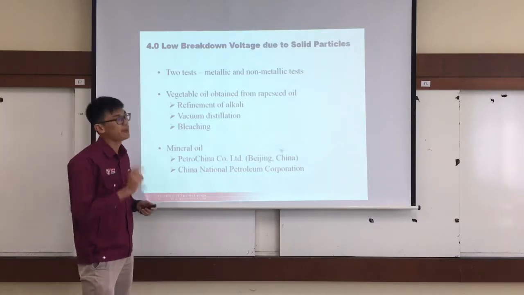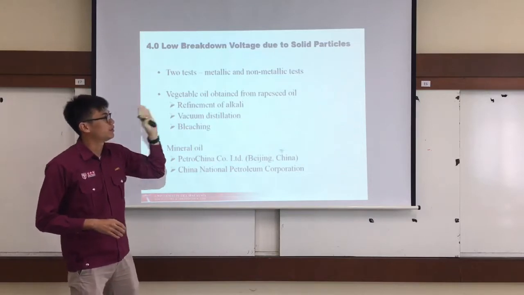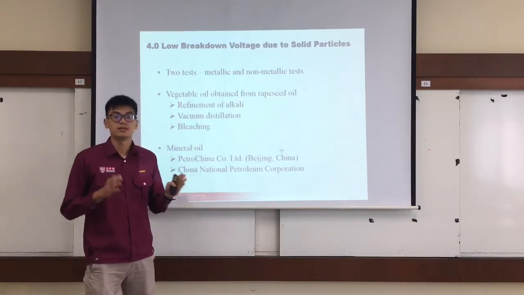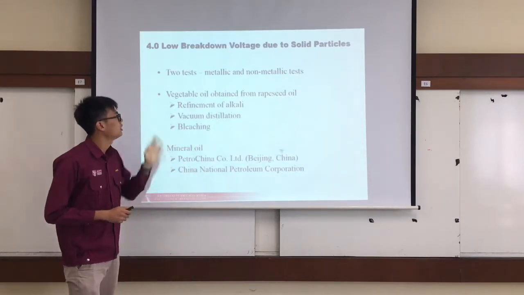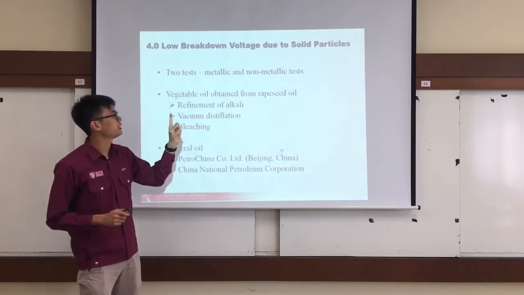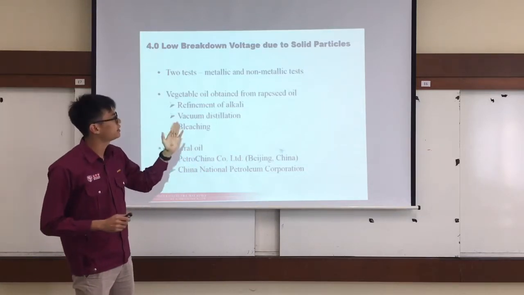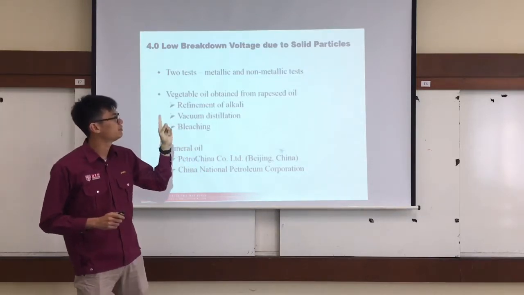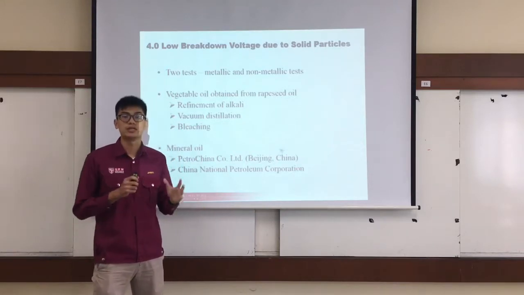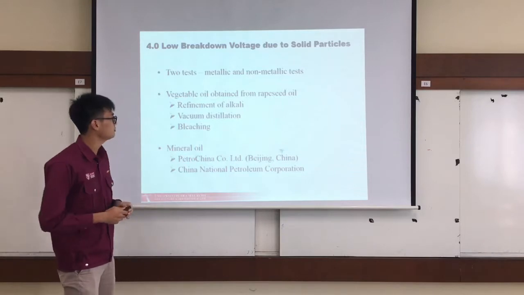So, two papers were taken to discuss the presence of solid particles in vegetable oil. Two different tests: one is with metallic, particularly copper particle, and another is a non-metallic test, which uses carbon particle and cellulose particle.